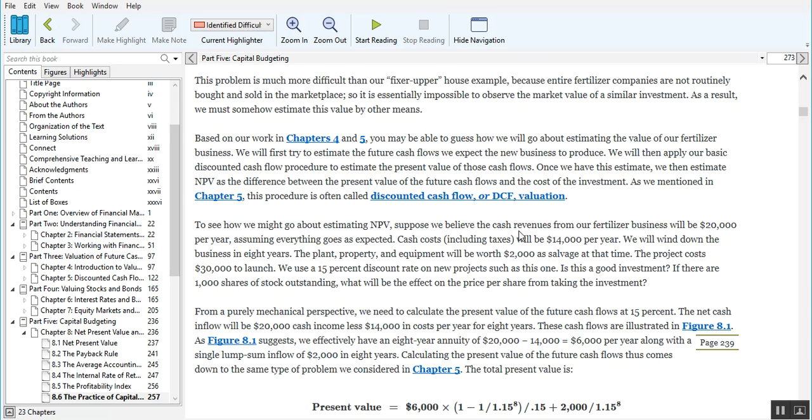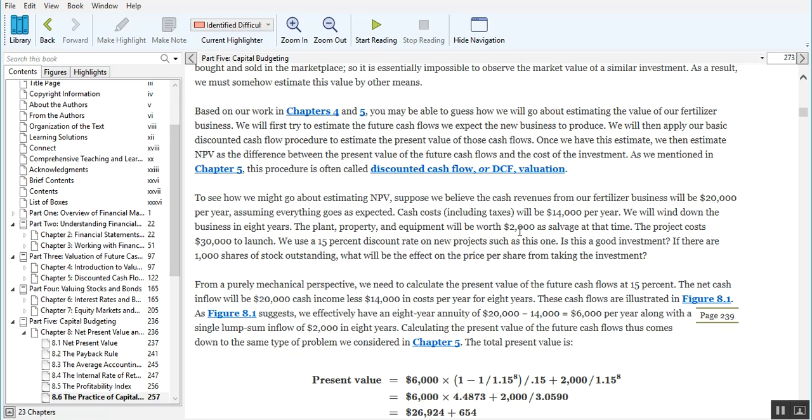We'll end the business after 8 years when we'll sell all the equipment and plant and property and get $2,000 out as salvage value. The project is going to cost us $30,000 to start, and we expect that we should have a 15% return on our investment. So we're going to use a 15% discount rate. Is it a good investment?